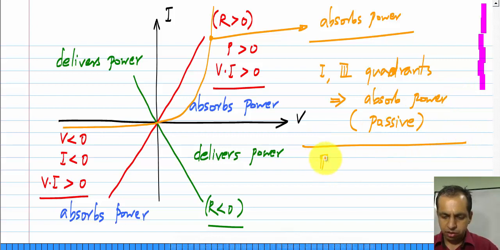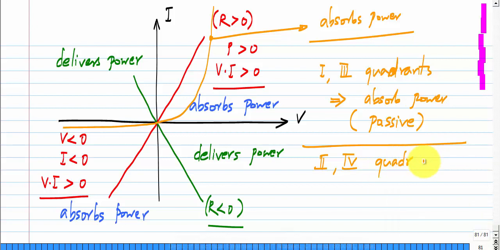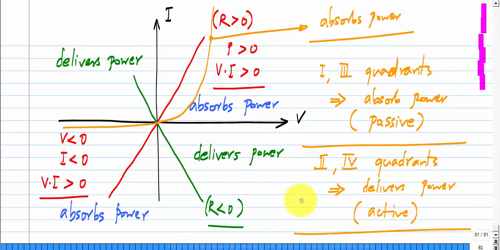And if you are in the second or fourth quadrants, the element delivers power. So, it is active if it is operating in the second or fourth quadrants.